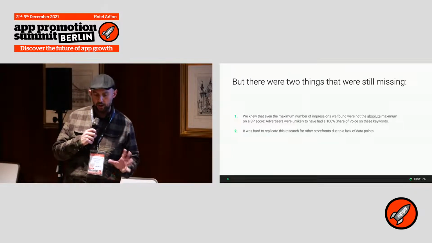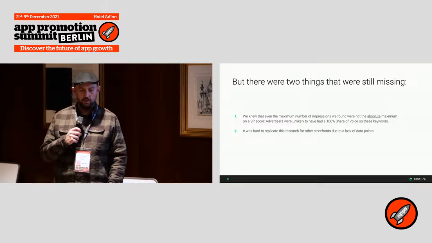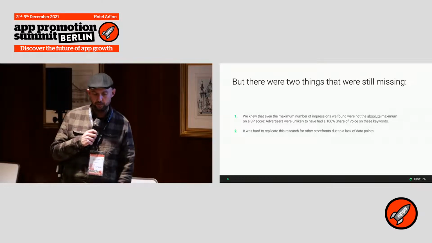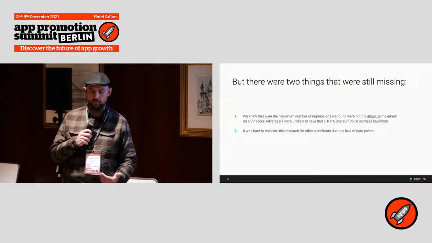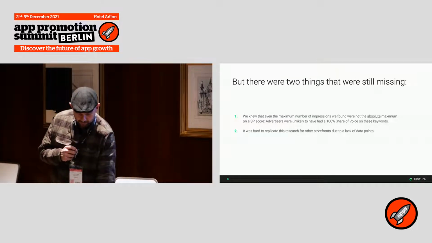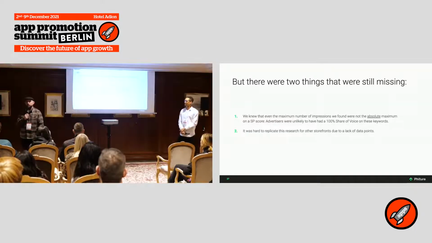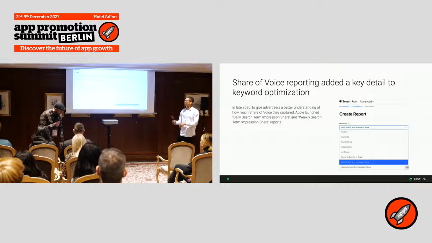So it was not a perfect estimation, even though we showed the exponentiality. We still had doubts on whether this is the absolute maximum that is happening on such an SP score. And secondly, it was also very hard to replicate that for other storefronts, as again, we're only as good as how many data points we were able to look at in this big data set.